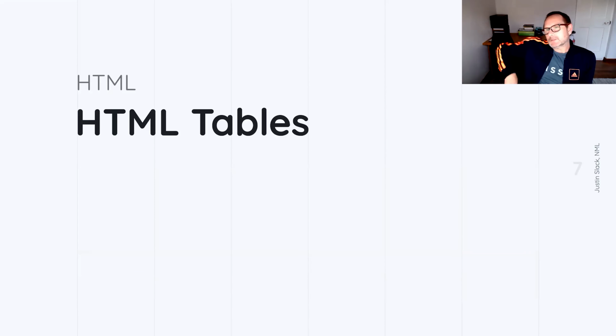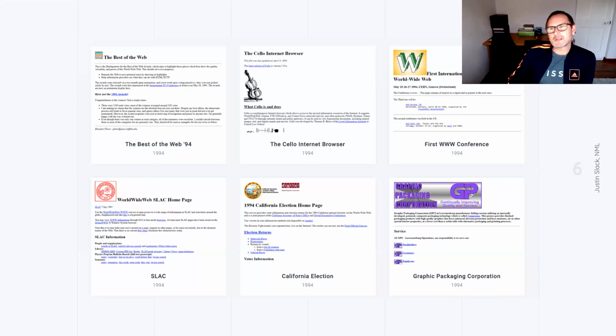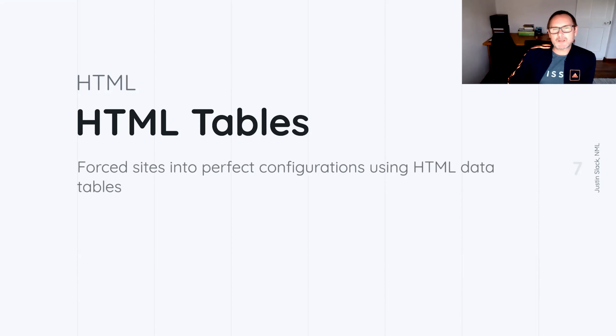So after flow content, HTML introduced tables, which were always meant for what tables are meant for, which is data. But this was abused, and this happens just after 1994. Suddenly we're starting to get into HTML tables. And these forced sites into perfect configurations using data tables, or I should say abusing data tables, because that's not what they were meant for.